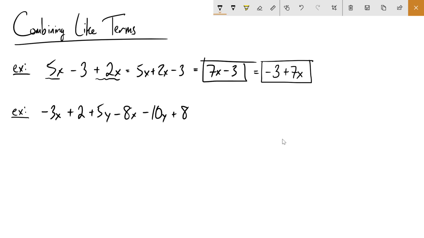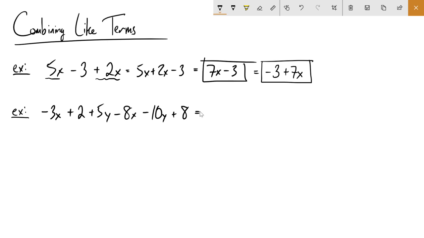Okay. So in this case, we have how many different types of terms? We have 3, right? We have x terms, we have y terms, and we have numbers. So our answer should only have 3 terms in it. So we just need to rearrange these and get our like terms together.